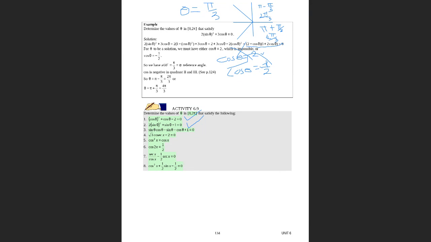Now, when you come to this one, you have sine theta cos theta minus sine theta minus cos theta.